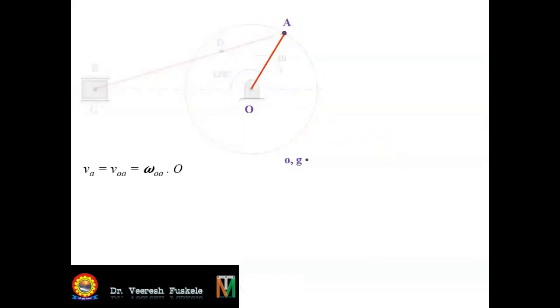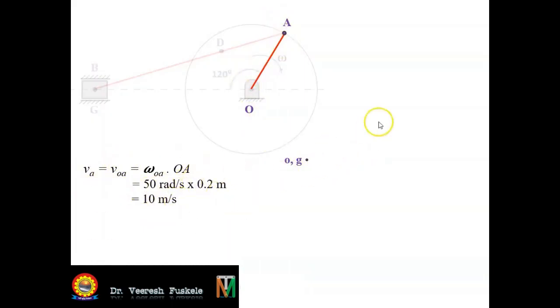So VA or VOA, that is the velocity of A relative to O, will be equal to omega r, that is omega of OA into the length of the link OA. So 50 radian per second and 0.2 meter is the length of the link. So 10 meter per second will be the velocity of A relative to O.